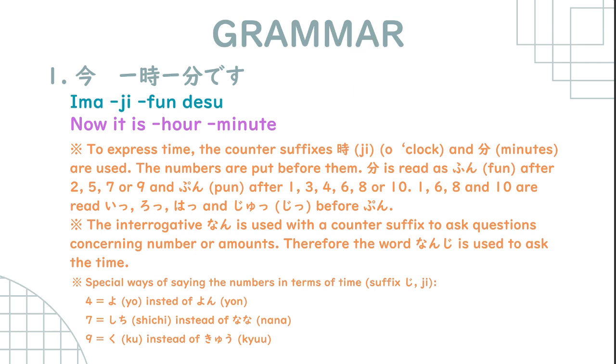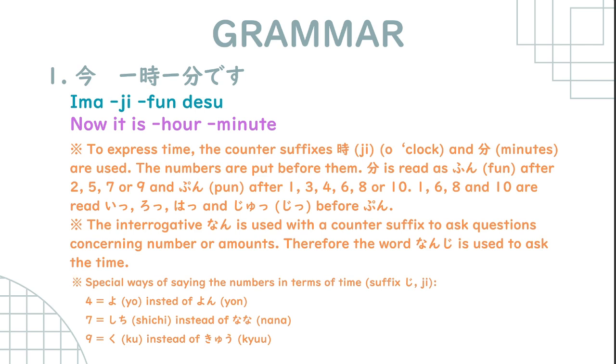If you can see here at the bottom, there are special ways of saying the specific numbers in terms of time. We have 4, 7, and 9. So 4, instead of yon, we say it as yo. Yoji. It is read as yoji instead of yonji.